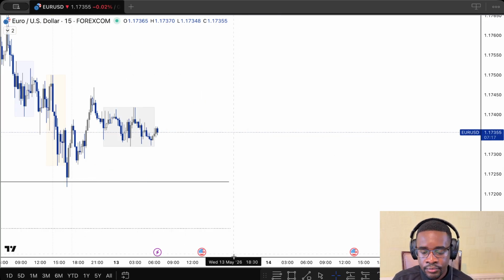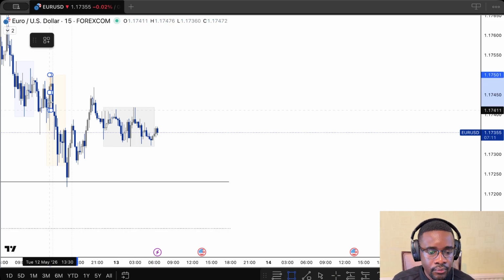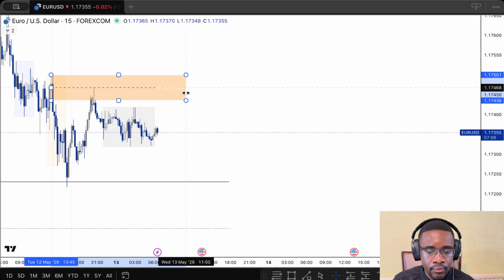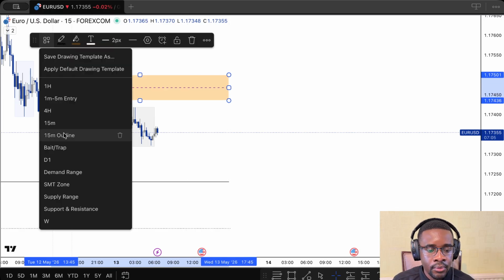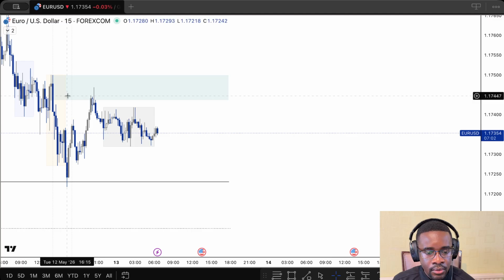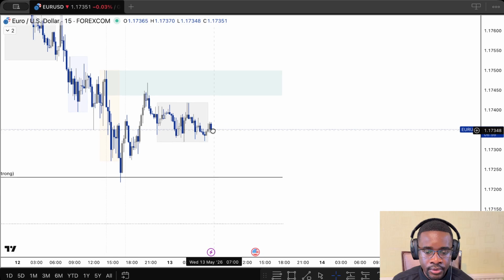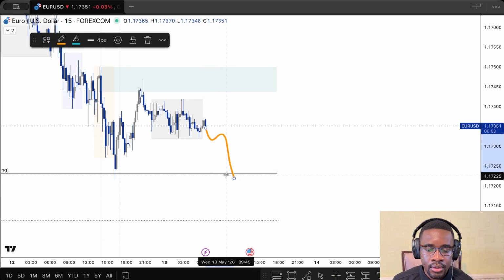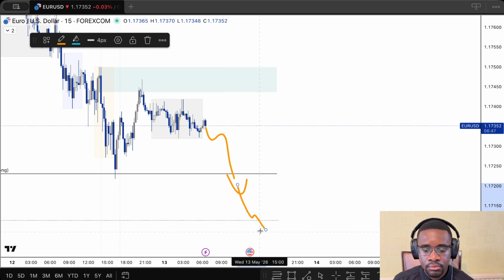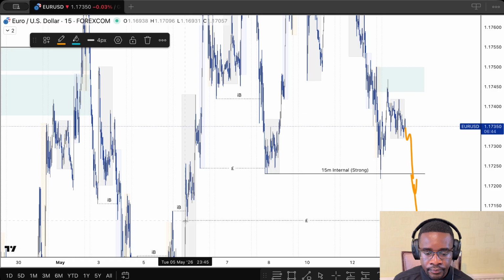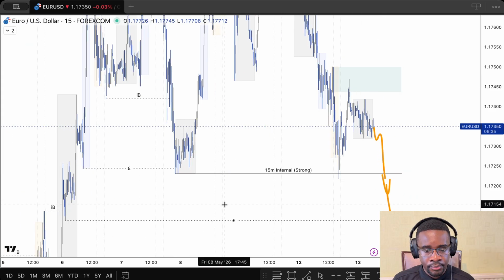So as of now, if I mark this, I would say price is likely going to continue to the downside, at least maybe to target this structural low, or these lows right there, just above.